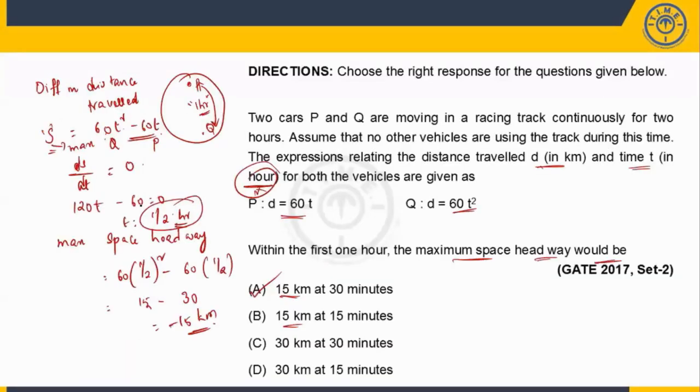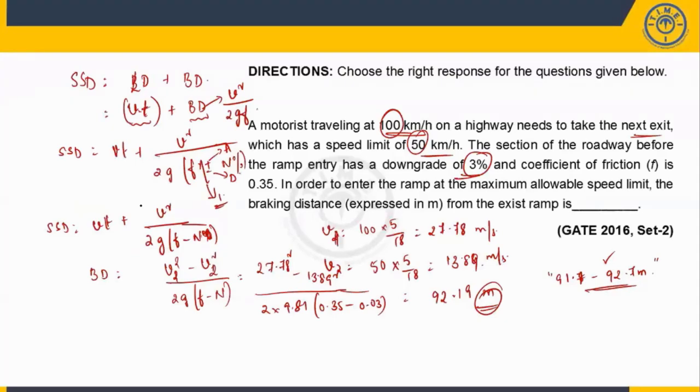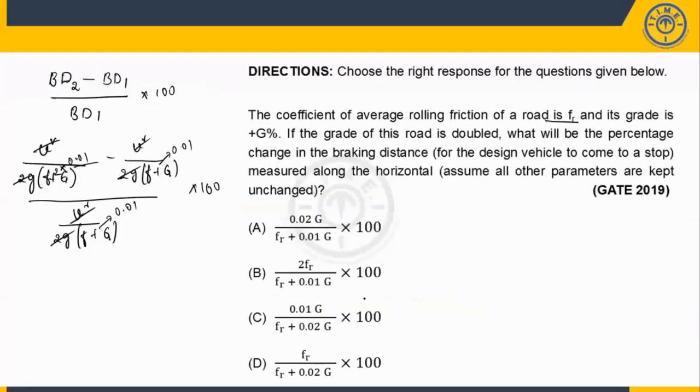Let me show this to you. Here, downgrade ramp entry of 3%, how much did we consider? 0.03. Always we need to consider it in decimal. So Z also should be multiplied with 0.01. That means divide Z with 100.